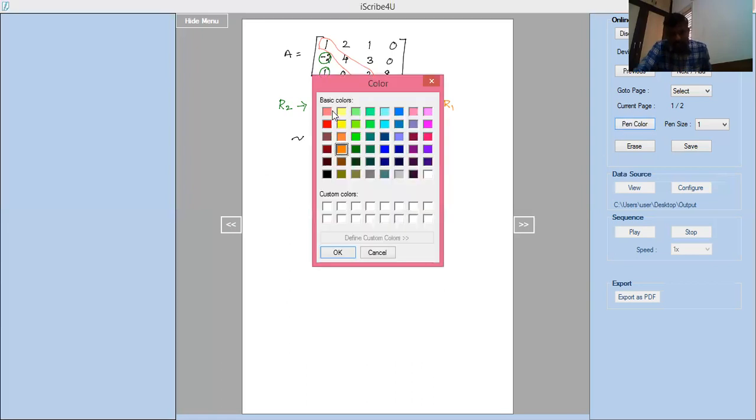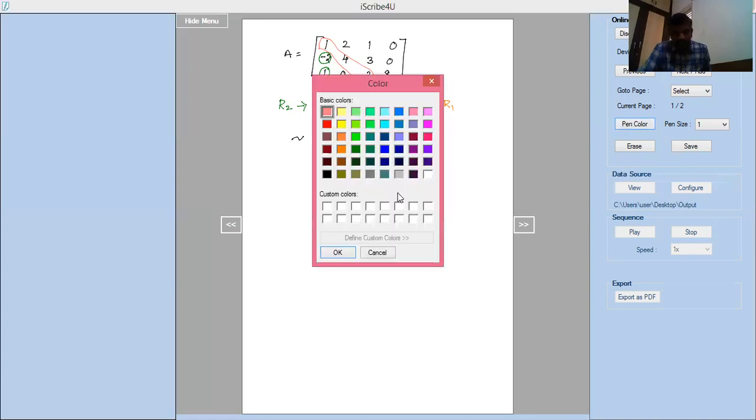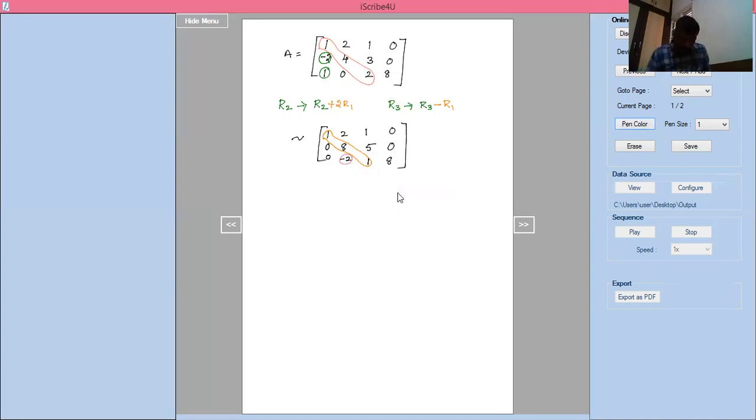How do we make that element 0? We can say this -2 I have to make 0. To make this -2 zero, we will use the technique: here 8 is there, here -2 is there. We can use that and simplify it. So now I'll write the operation here. In the R3 row I have to make 0.